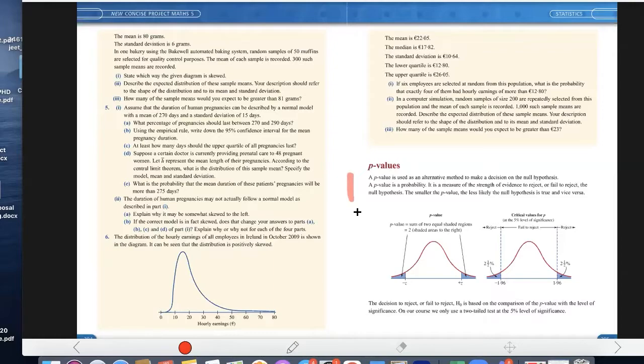The smaller the p-value, the less likely the null hypothesis is true, and vice versa. The decision to reject or fail to reject H0 is based on the comparison of the p-value with the level of significance. We always use the 5% level of significance.